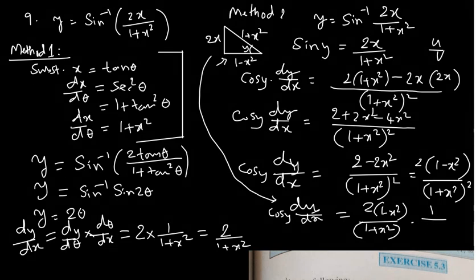I have split this whole square into 2. So you see now, 1 minus x square by 1 plus x square is nothing but cos y. So this cos y gets cancelled. So dy by dx equal to 2 divided by 1 plus x square, the same as this. Okay, same answer. So this is an easier one because you got only simpler things here.